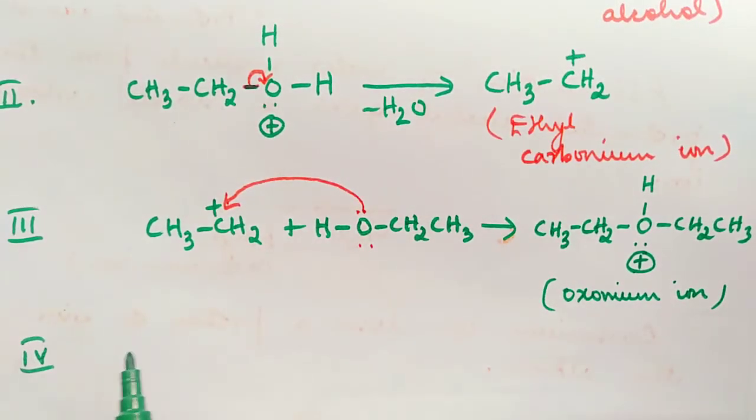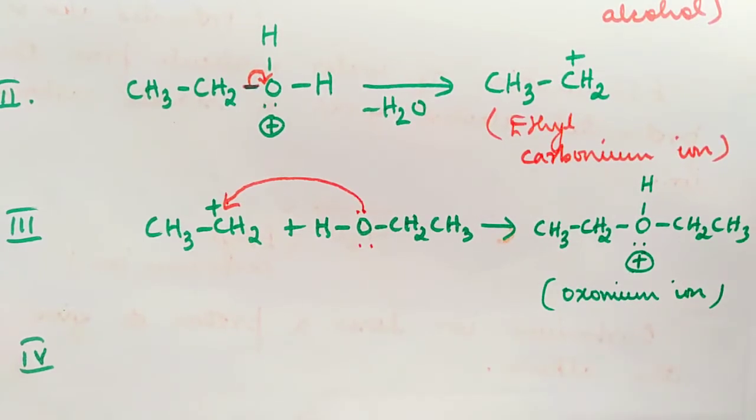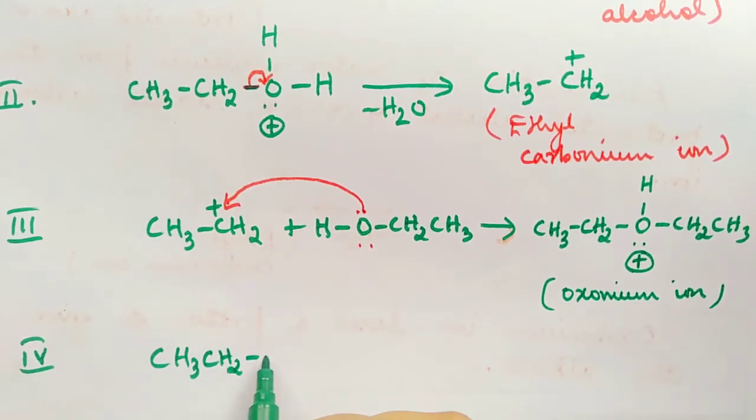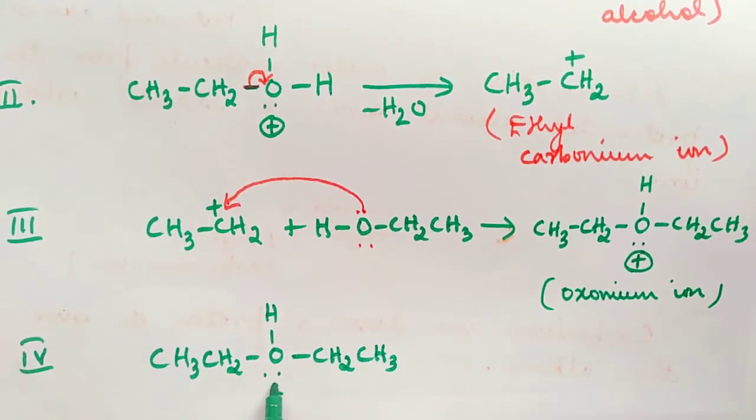Now in the final step, that is step number 4, this oxonium ion loses a proton to form an ether. What does it do?